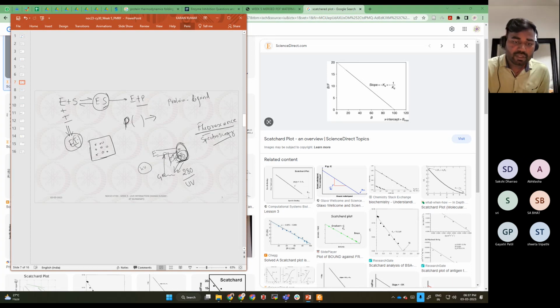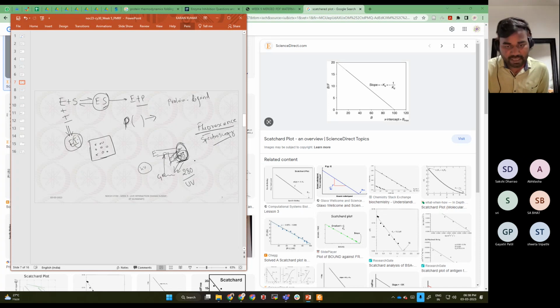So you will see the light in the visible region, and that is why it is called fluorescence. Fluorescence means you can see that by the naked eye, or some of the time it is not visible.